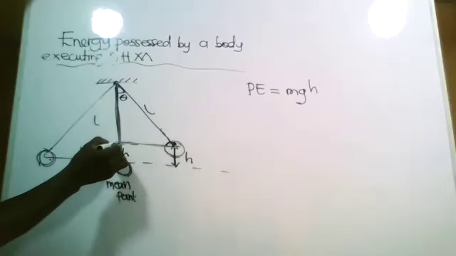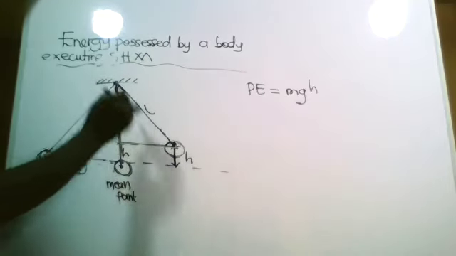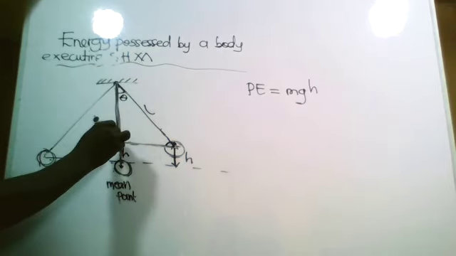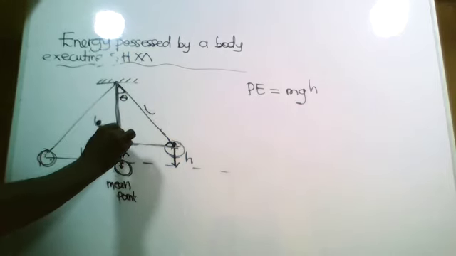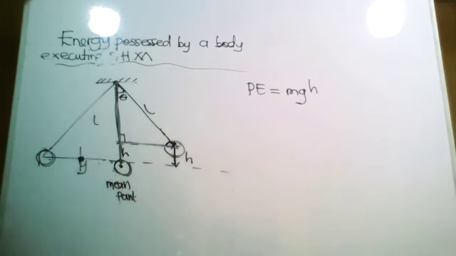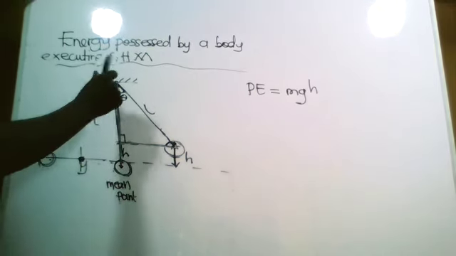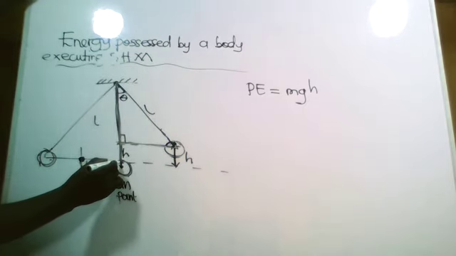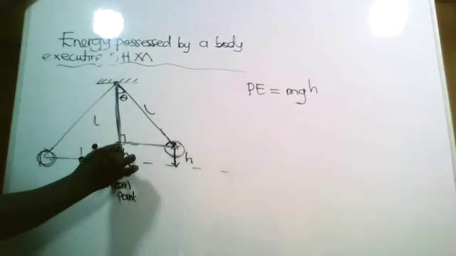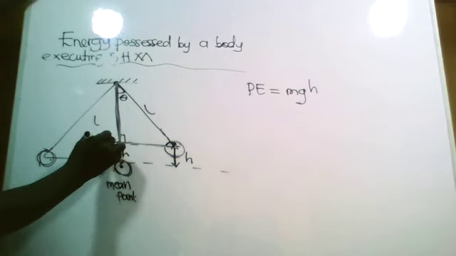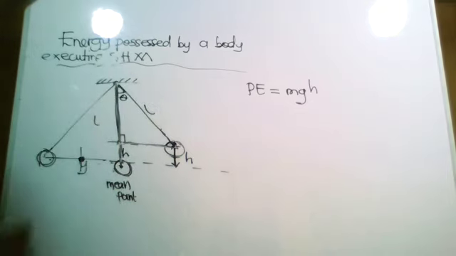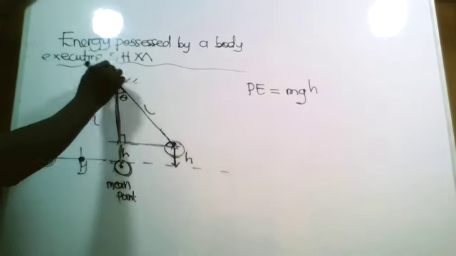This opposite side and the adjacent side must be perpendicular. So if this whole height is L and this is H, what will be the distance from this point to the fixed point, to the support?